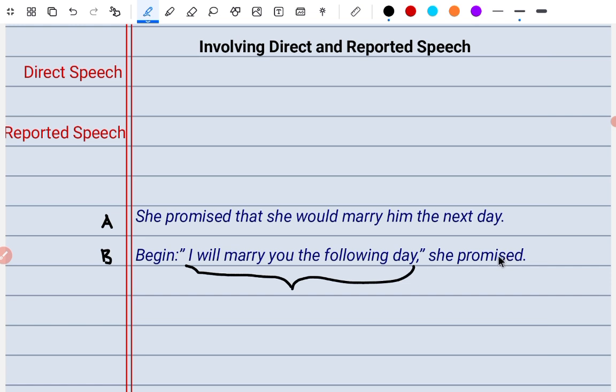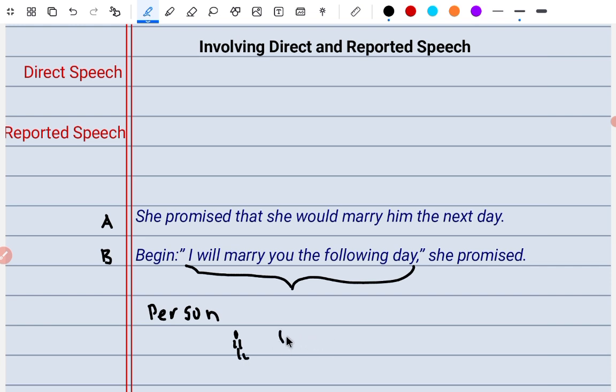Now one thing you should know is that there is a particular person that spoke these words. You are not the person that spoke, you are just reporting. So there's a direct speech and the reported speech.